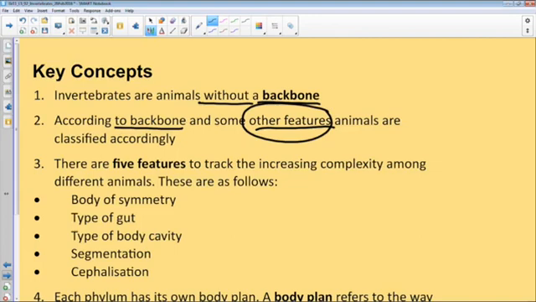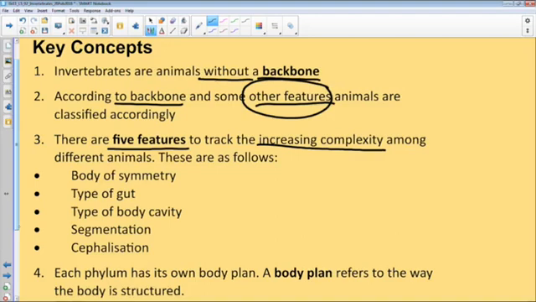What are these features that we're looking at? Essentially today we're looking at 5 features, and those 5 features we will track across the phyla, and we will look at how they increase in complexity among different animals. What we're talking about today are body symmetry, the type of gut, the type of body cavity, segmentation, and cephalization.